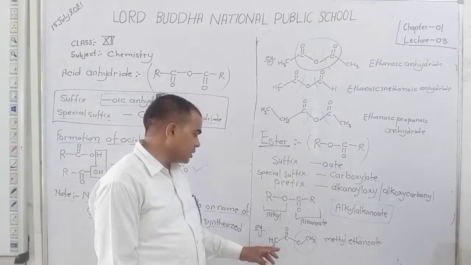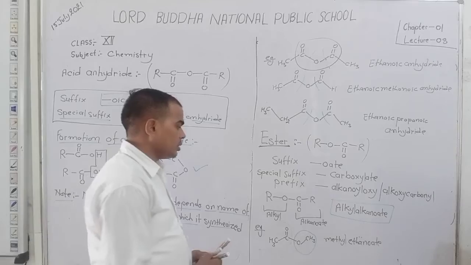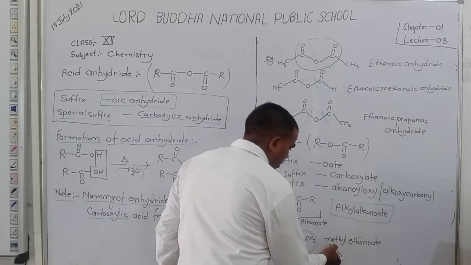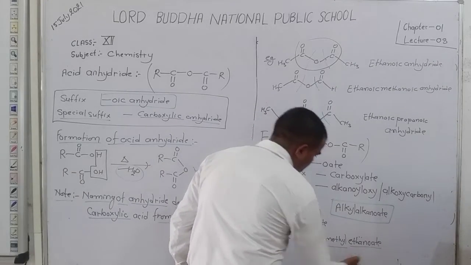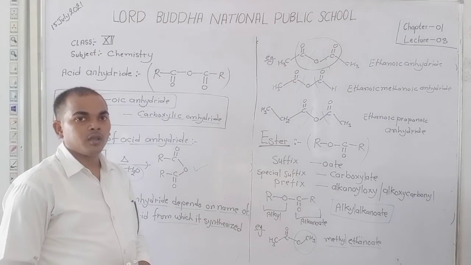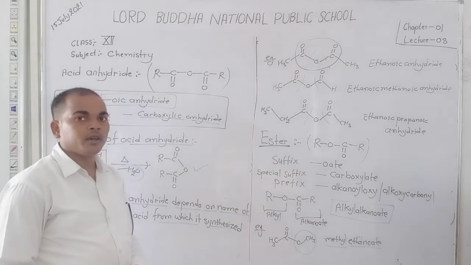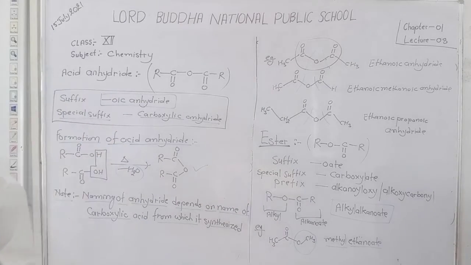The name of this group with 1, 2 carbons is ethanoate. So the name of this compound is methyl ethanoate. Take a screenshot and write it in your notebook.